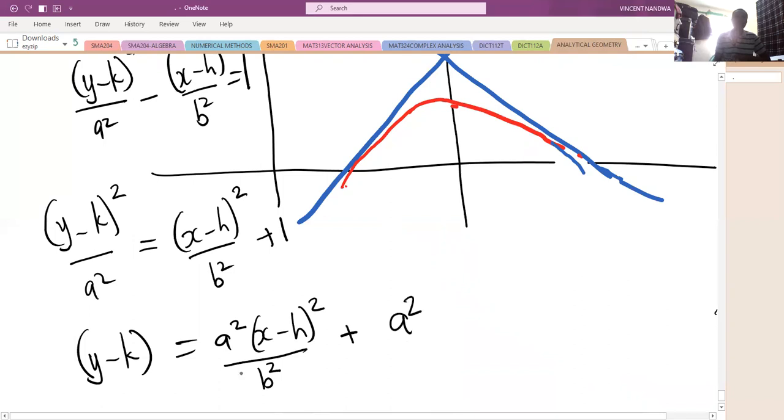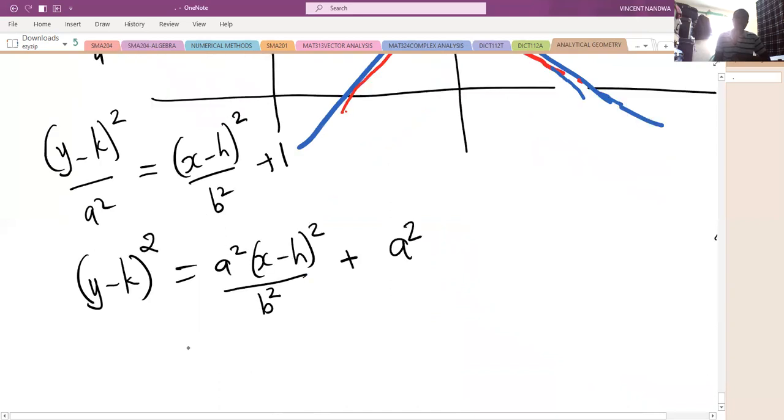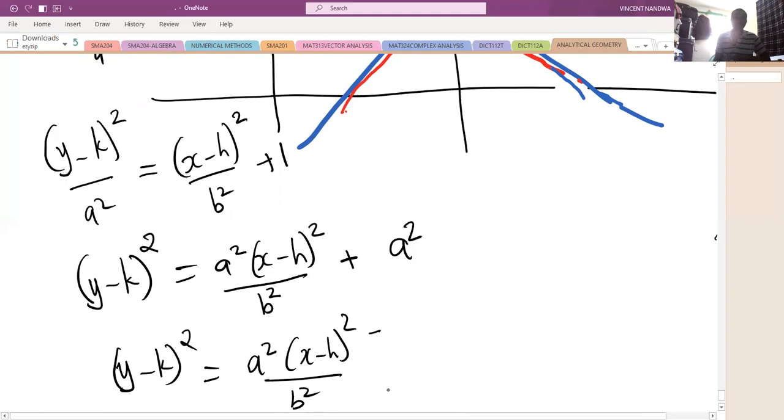Just multiply both sides by a squared. So you can write y minus k squared equals a squared x minus h squared over b squared into 1 plus, this I'll write as b squared over x minus h squared. I hope you can see that this and this are the same, because this two and this one get a squared here.